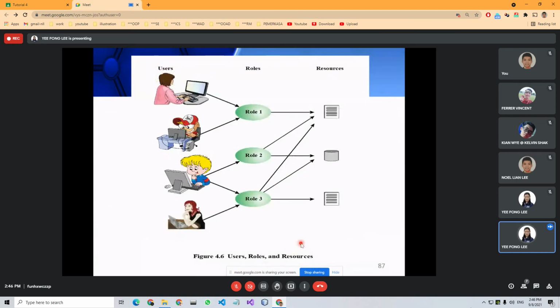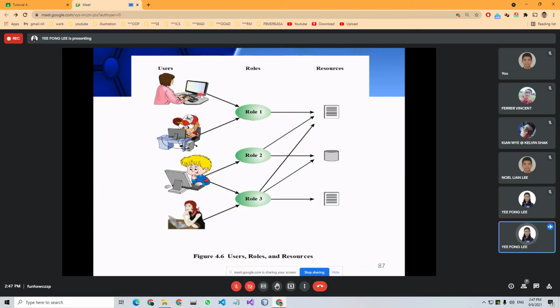So we look at the diagram here. A traditional DAC system might define the access right for individual users and groups of users. But for RBAC, it is based on the roles of the users in the system. Okay, what role they are playing. Role A, they can access this resource.